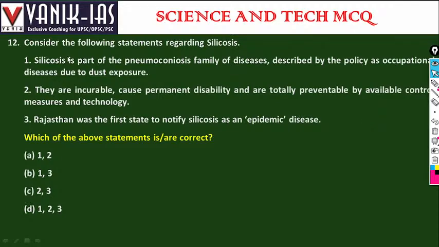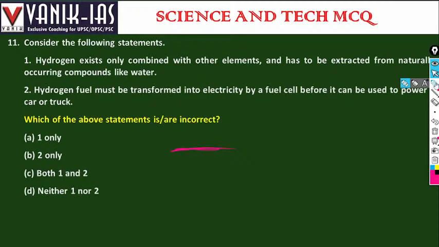Which of the following statements are correct? But to transfer to electricity, so both the statements are wrong.